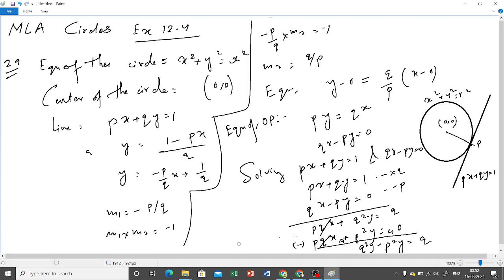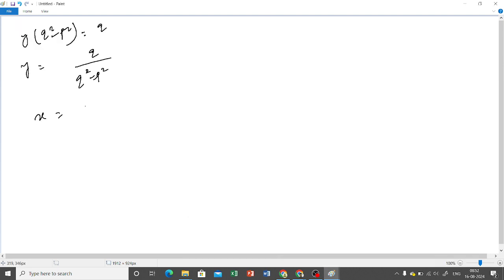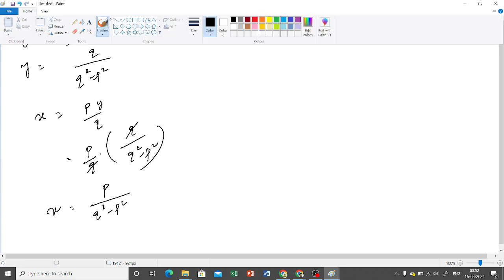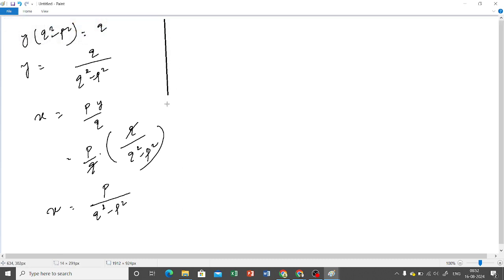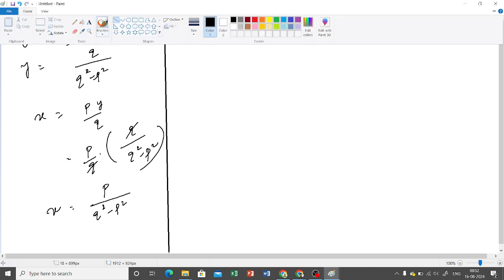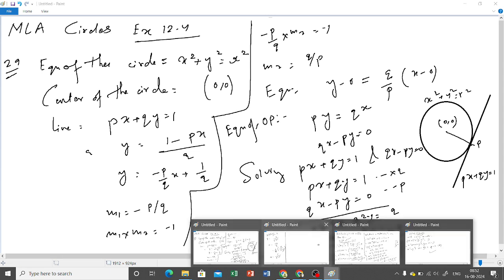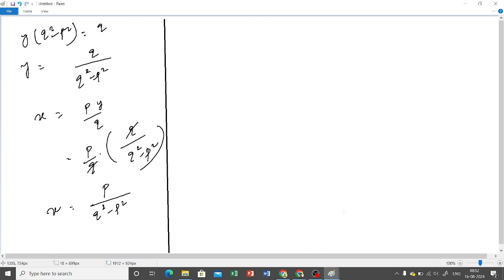Okay, so y is this, and what about x? y is q by q square minus p square, and x is this.